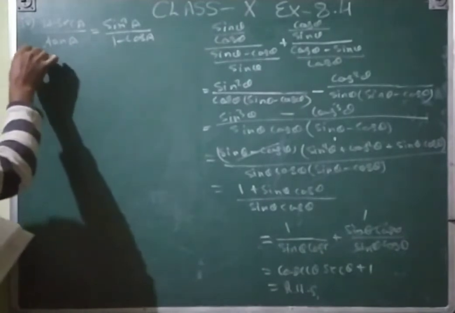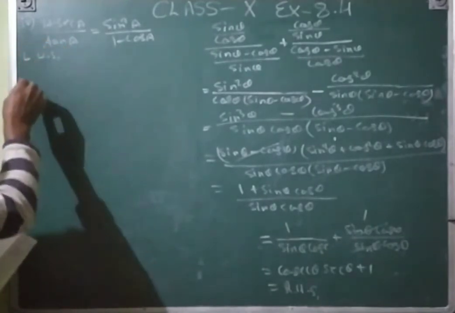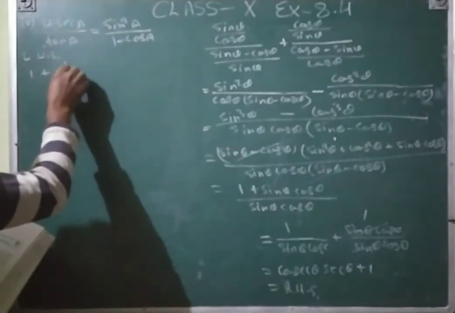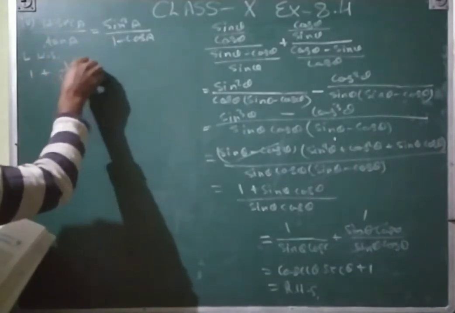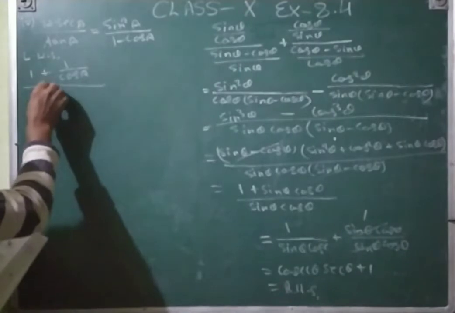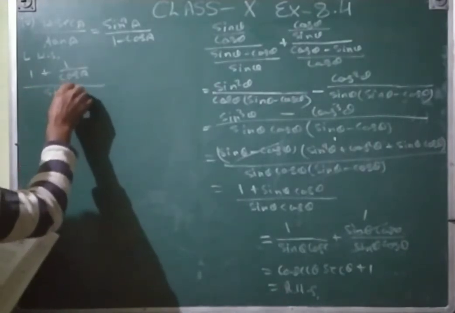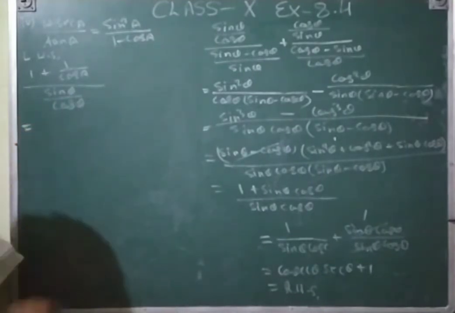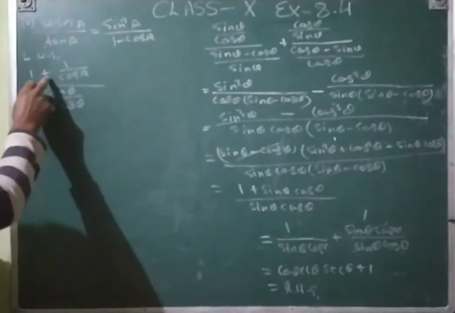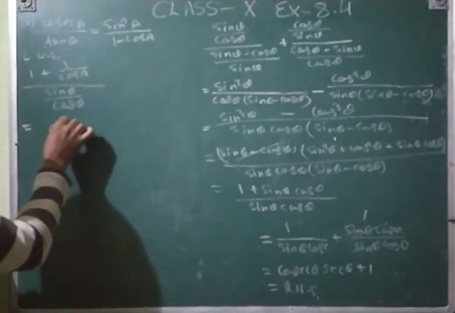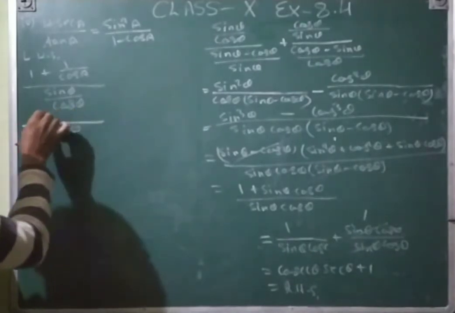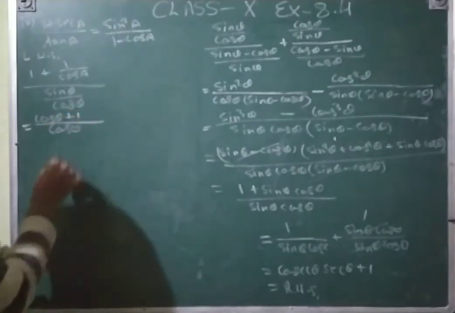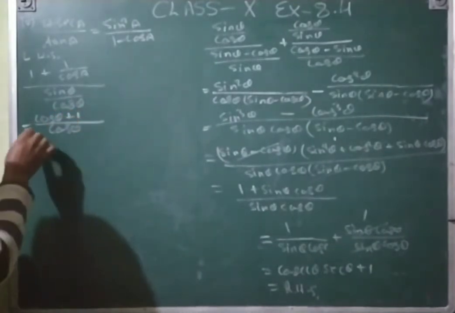So by left hand side, that one, 1 plus sec means 1 upon cos, and tan means sin theta upon cos theta. Here we will take the LCM, that is cos theta, and then 1 plus cos theta we can also write here.